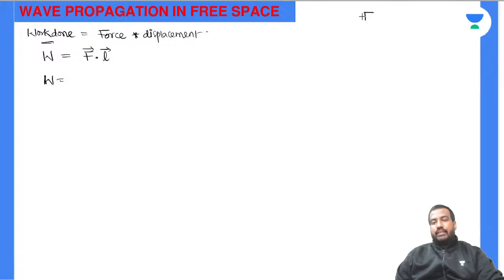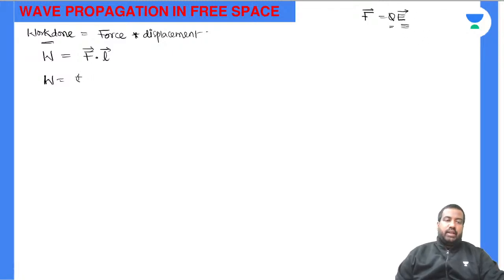Here force is electric force, that is force acting on charge particle Q in the presence of electric field E. Work done is in moving this charge Q present in electric field E by a length L. If I consider small work done dW, it is Q into E dot dl.